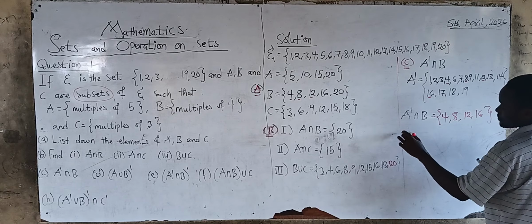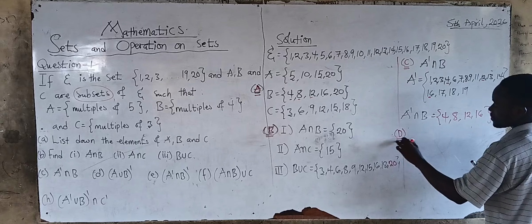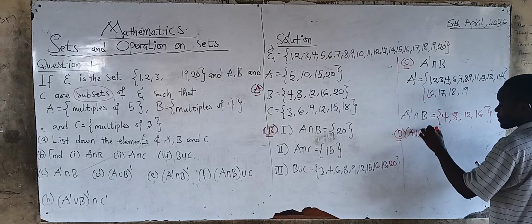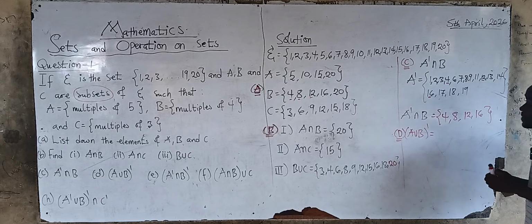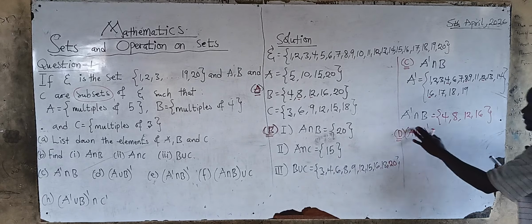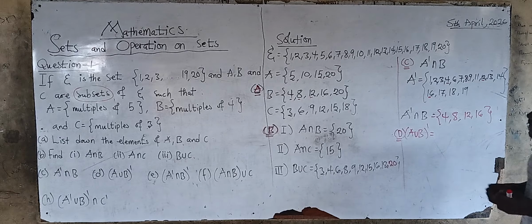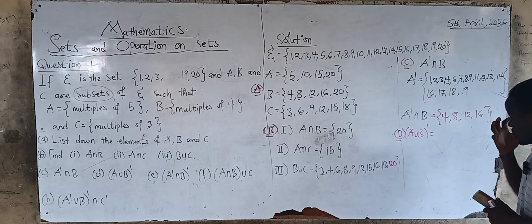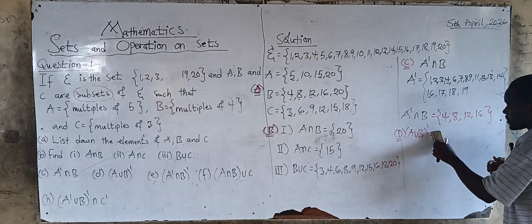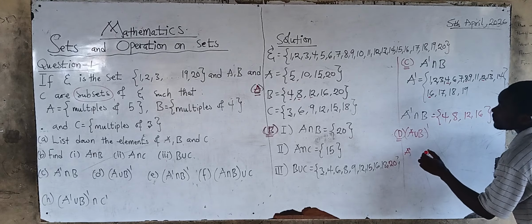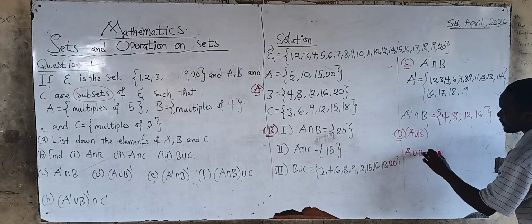I'll have D, which is A union B complement. Now, for me to find A union B complement, in the first place I have to find the set of elements for the set A union B before I'll be able to do that. So let me first list down A union B.